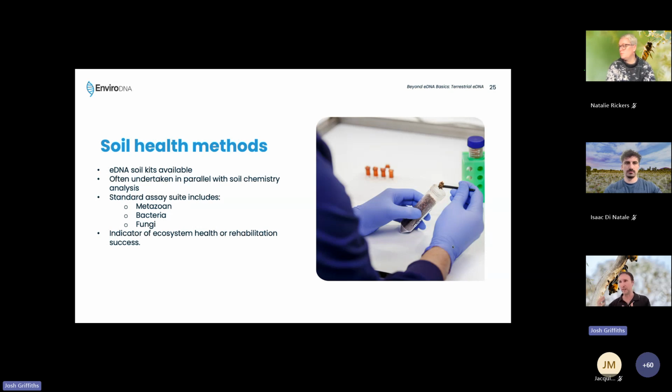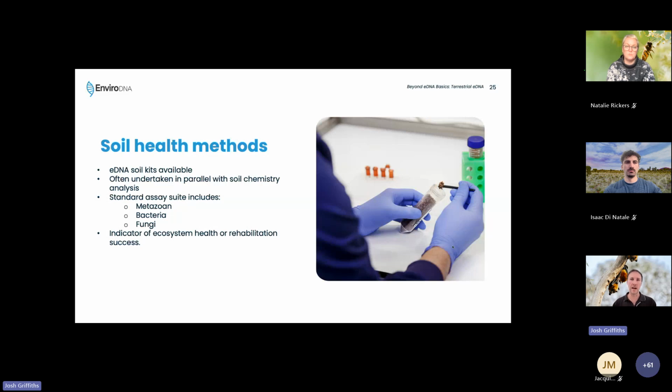So we're generally not looking for large kangaroos or wombats or anything. That DNA is going to be very patchy, and there's probably other techniques that are going to be more effective here. But in every gram of soil, there are thousands of bacteria and fungi. And now we have the methodology to be able to assess these quickly and effectively and use those as an indicator either for soil health or as that broader indicator of ecosystem health.